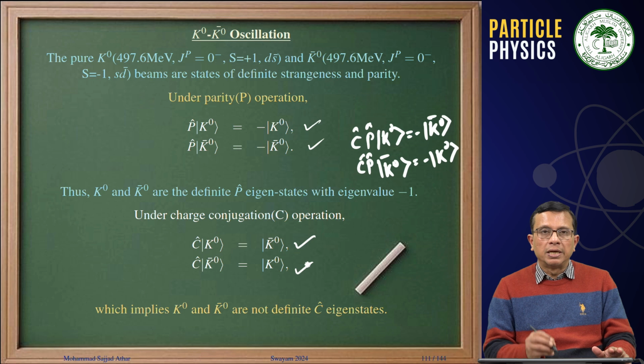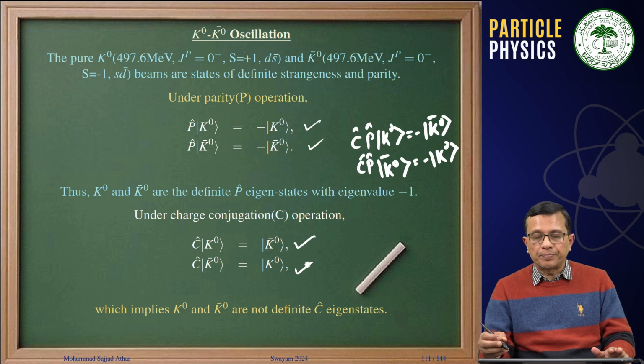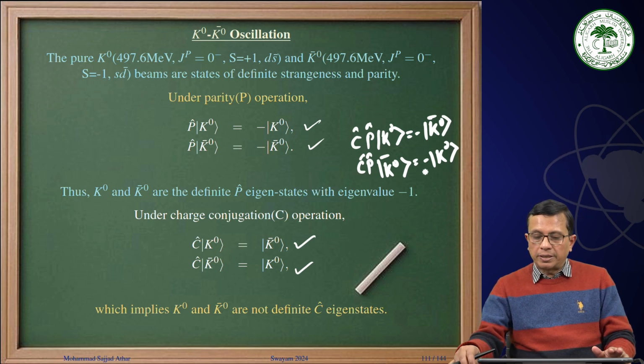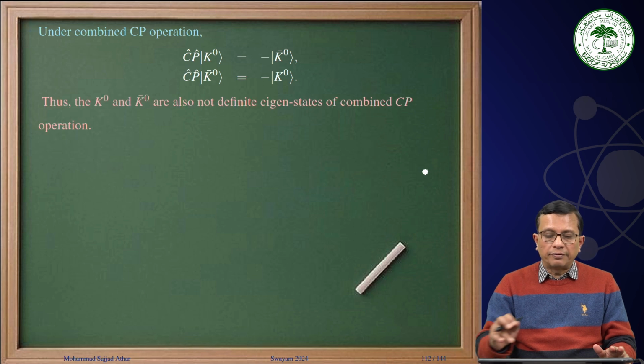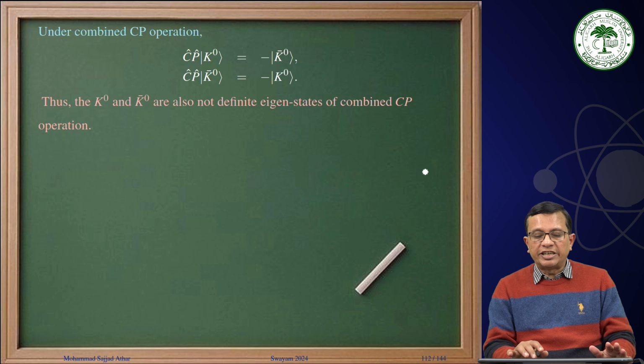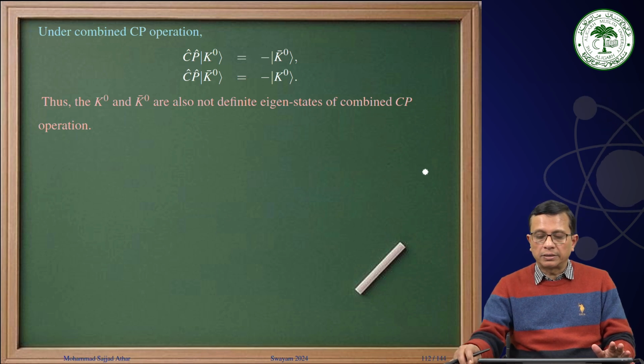Therefore, K0 and K0 bar are not definite C eigenstates. Similarly, with CP being operated on K0 and on K0 bar, they are not eigenstates of the CP operator. That is what we have written here, that K0 and K0 bar are also not definite CP eigenstates of the combined operation.